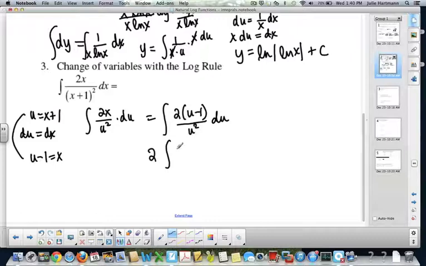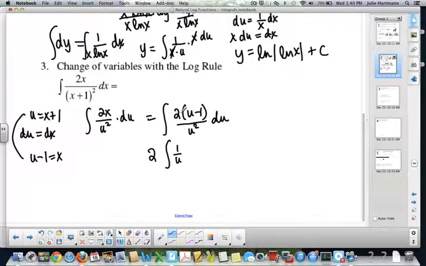U over u squared is u to the negative 1, minus 1 over u squared. Actually, no, hang on. I am going to leave it as 1 over u. So u over u squared is 1 over u, and then minus, I can write that all together. Okay, sorry, here we go.